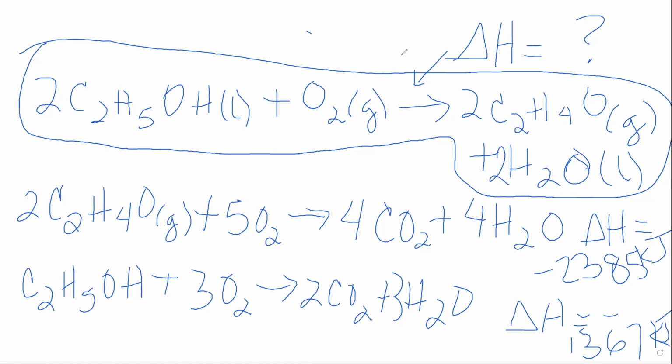If it does, then chances are you need to reverse it, right? And if you reverse it, don't forget to change the sign. And when you do that, also figure out if you need to multiply it by something, because I don't see the numbers matching.